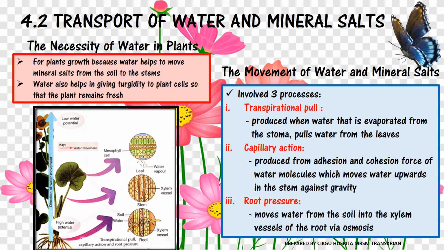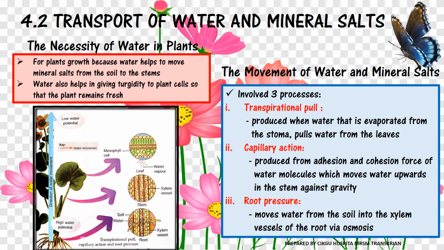Because of the adhesion and cohesion force of the water molecules, the water moves upward in the stem against gravity. So this will make the water move along the narrow xylem vessel.